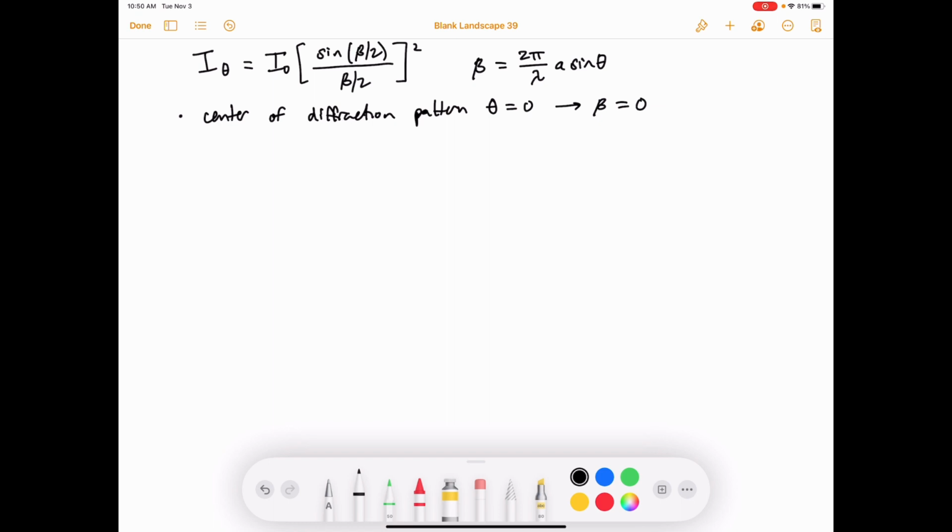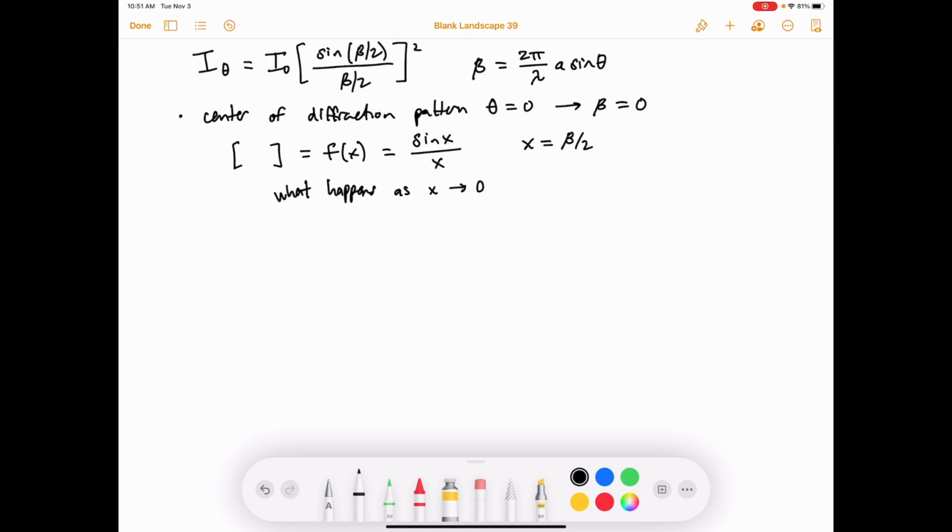What we have is an indeterminate expression, because if we look at the thing in brackets, let's call it f of x, which is equal to sine of x divided by x. So x in this case is going to be beta over 2. So in brackets we have sine beta over 2 divided by beta over 2. I'm just going to write that more simply as sine x divided by x. We want to know what happens as x goes to 0.